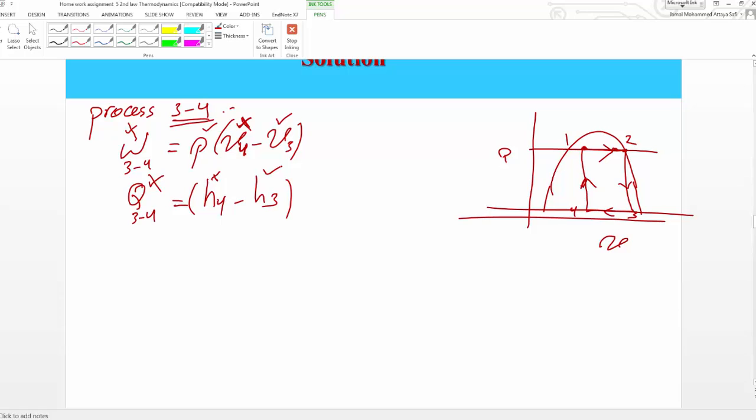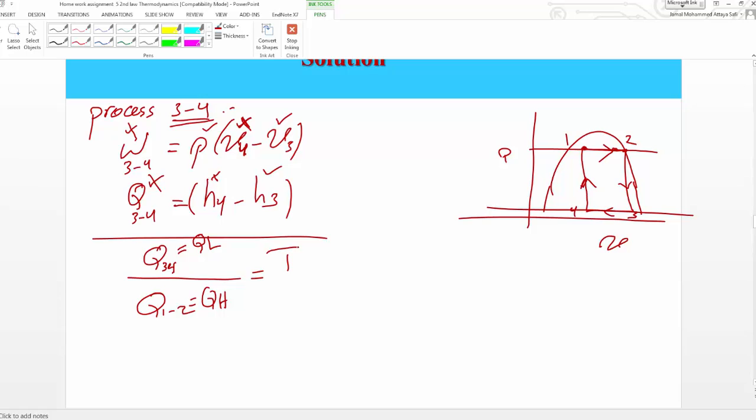The absolute temperature scale, from chapter 6, told me that if you have two reservoirs, a high temperature and a low temperature reservoir, Q 3 to 4 divided by Q from 1 to 2, this is QL and this is QH. So QL divided by QH equals TL divided by TH, right?